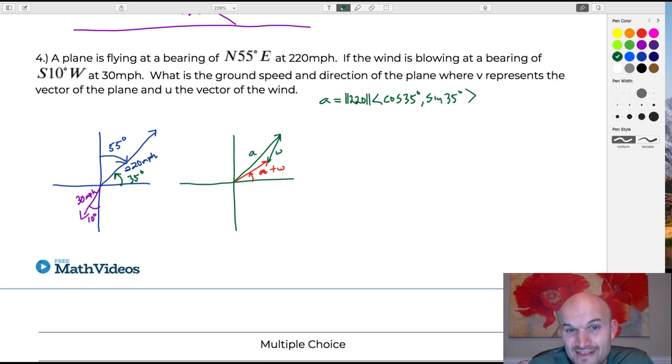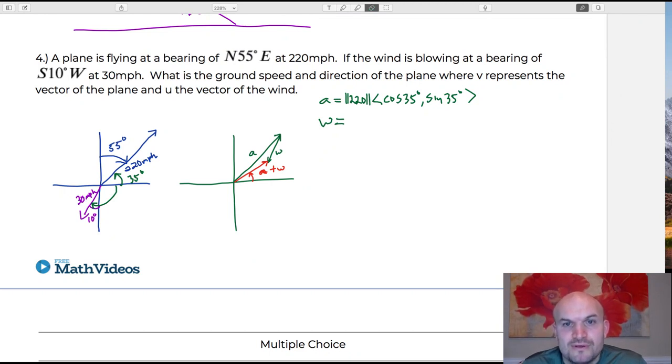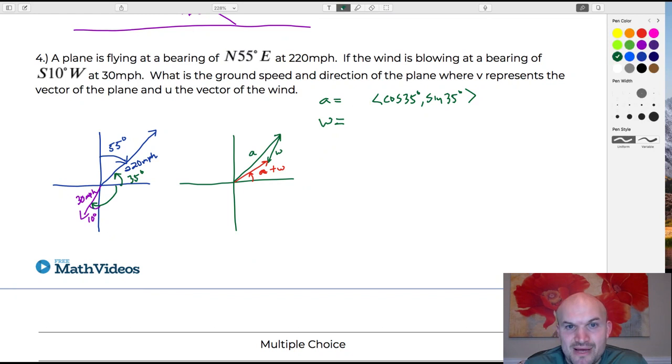All right, and then the wind is going to have a vector, again, of our new angle, where now we're going to go in the negative direction. You could do the positive direction, but I think the negative direction is pretty easy. This is 90 plus another 10, so that's going to be a negative 100. And this magnitude, this speed, is 30 miles per hour. Let's just put 220. Yes, that is the magnitude, but you don't need to write it; you can just put 220.